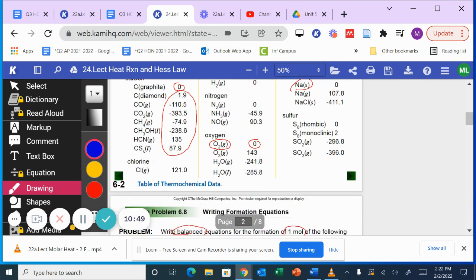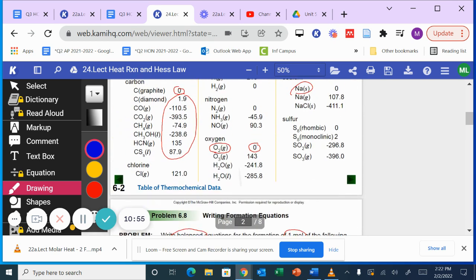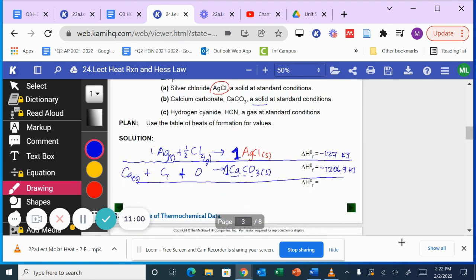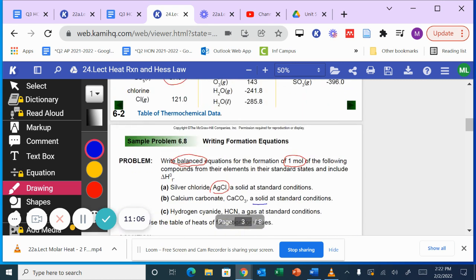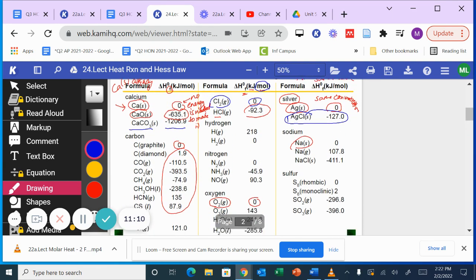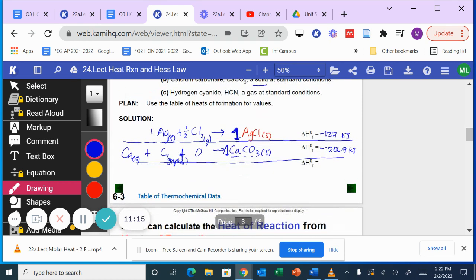So I put solid here. Carbon naturally occurs as graphite, 0. So charcoal, graphite. And oxygen naturally occurs as oxygen, I'm assuming it's right here. O2 gas. That's how it naturally occurs on Earth.